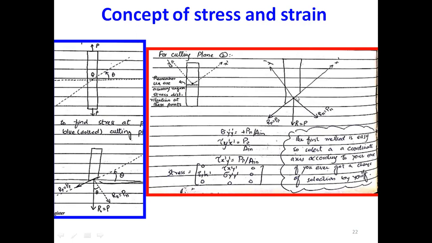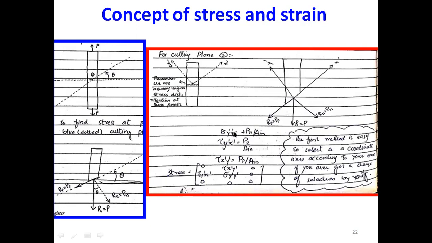And because of this force, the area normal is along y prime, so we have tau y prime, and the force is along x prime, so we have tau y prime x prime, and its value would be plus p t, which is p sine theta, by this area. Let's say that area we already discussed is capital A n.